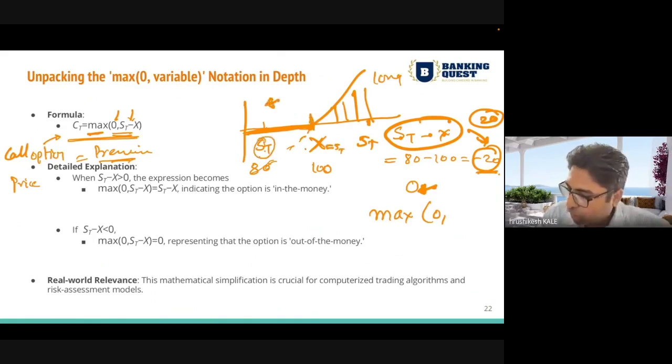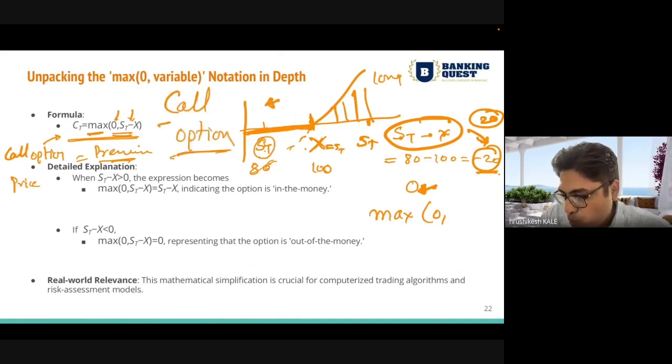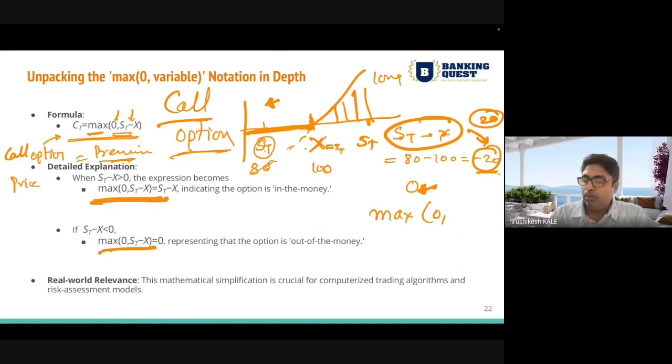This we are talking from the call option point of view and not the put option point of view. Now, why are these mathematical expressions needed? Because these are used to trade or to code for algo trading.